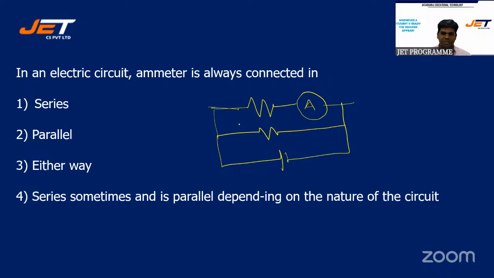Let's say I want the current through this resistance, and I'll connect it in series with this resistance. I want the current through the battery, I'll connect it over here. So we connected it in series, students. Right? Let's go forward.